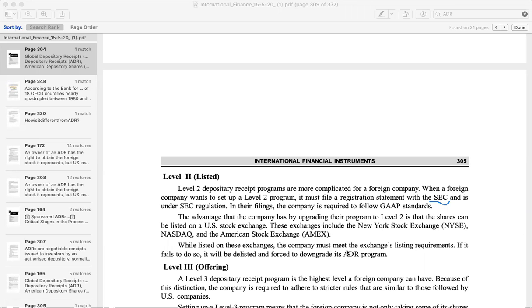Else, if you are found to be indisciplined, you will be delisted and your ADR will get downgraded to a level below you. I hope you are following this.